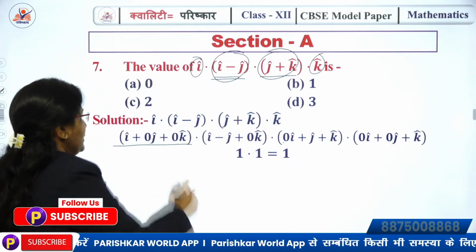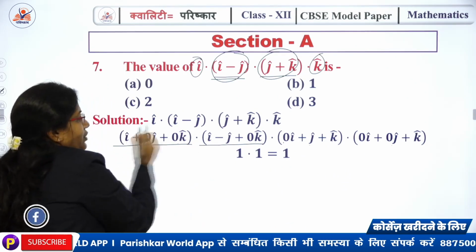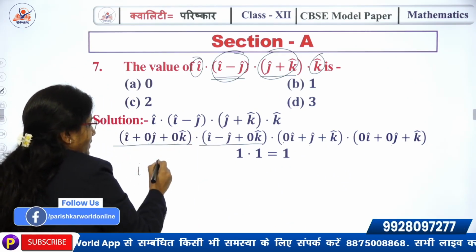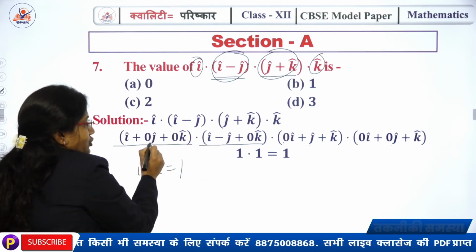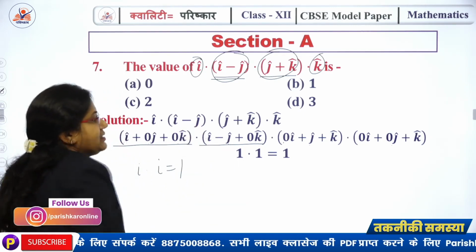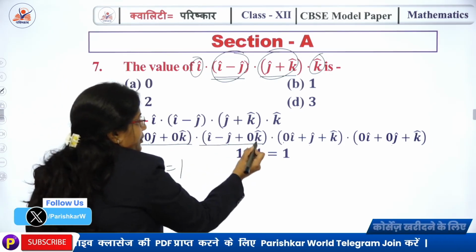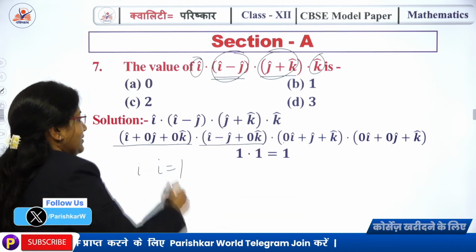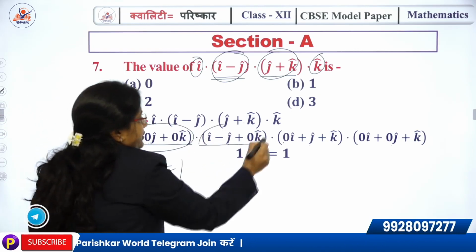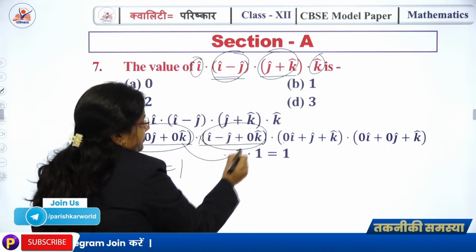The product of these two vectors: i cap dot i cap is equal to 1, 0 j dot minus j is 0, 0 k dot 0 k is 0. That means the product of these two is 1.